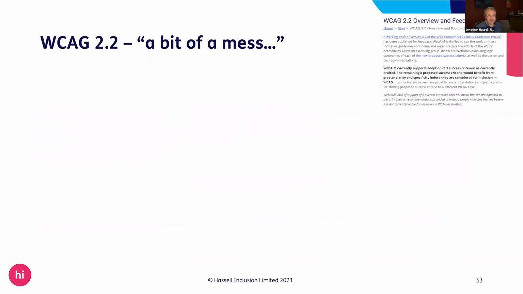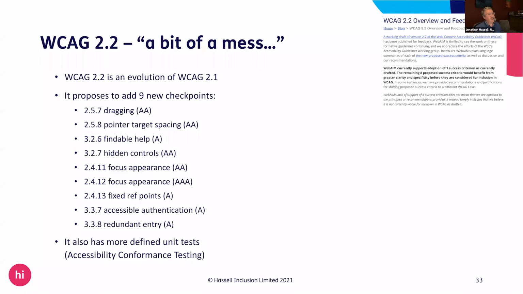So WCAG 2.2, the subtitle is a bit of a mess, and I'm really sorry to say that, but that is our considered opinion, and it's not just ours, it's loads of people's. What is WCAG 2.2? It's an evolution of 2.1. It's basically 9 new checkpoints that they're adding to the 70 odd that are there in WCAG 2.0 and 2.1.